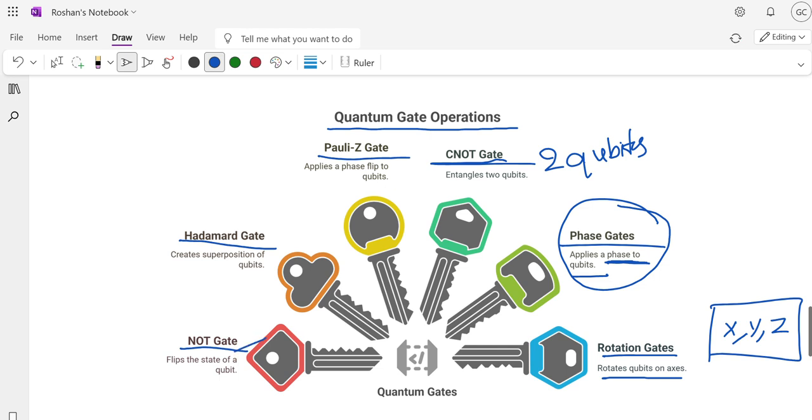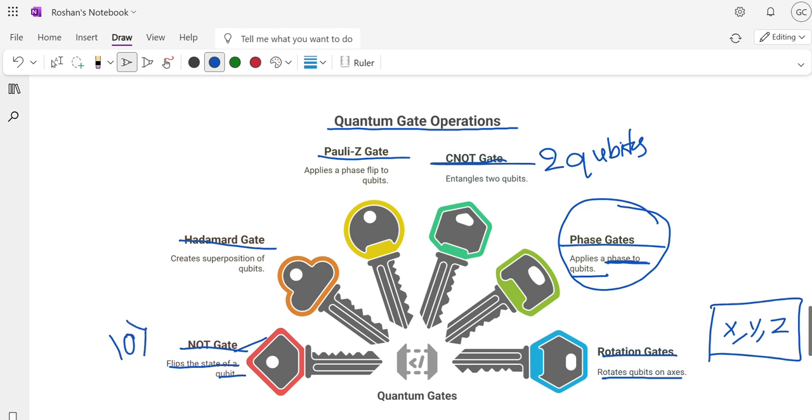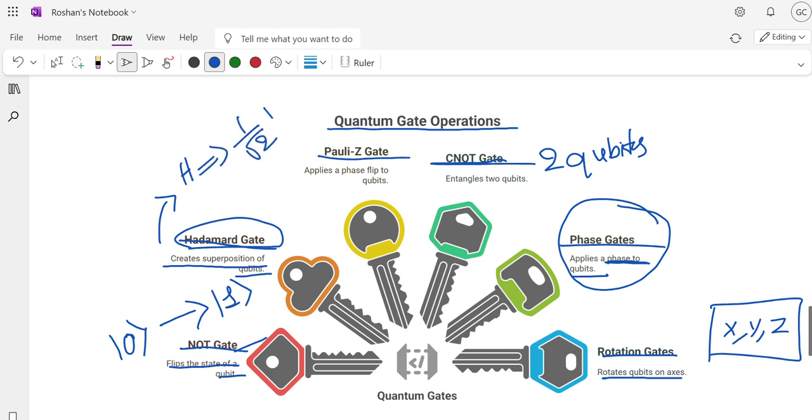NOT gate. The NOT gate is similar to the logical gate. It flips the state of the qubit. If the qubit has the zeroth state, it will flip it to the one state. Okay. The Hadamard gate creates superposition of qubits. That means if you apply the Hadamard gate, it will result in an output of a superposed state.